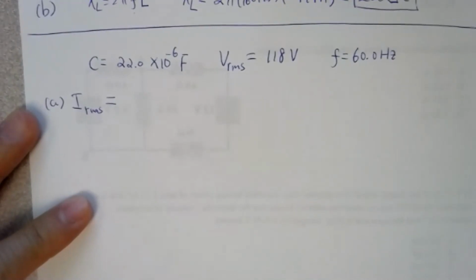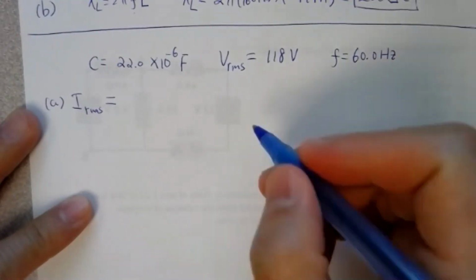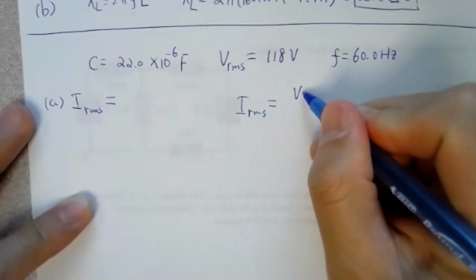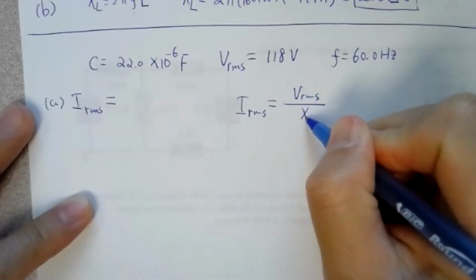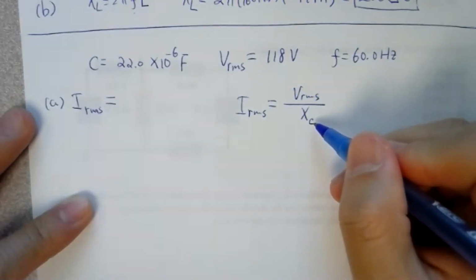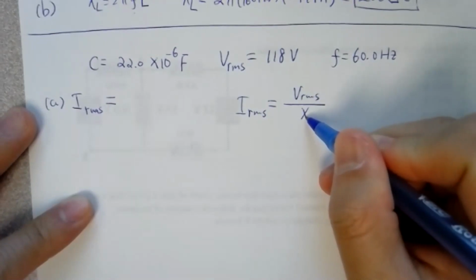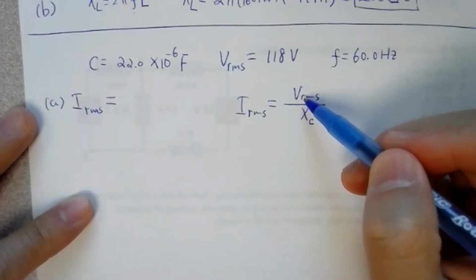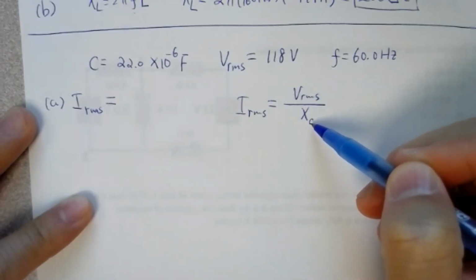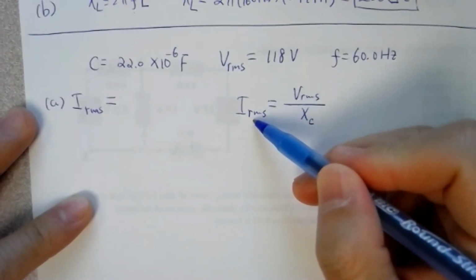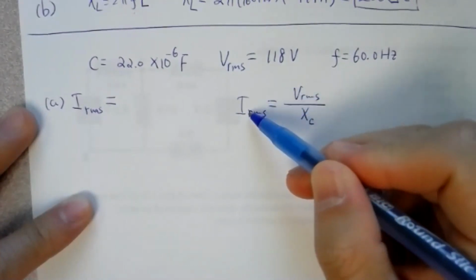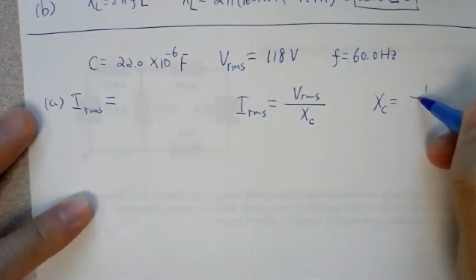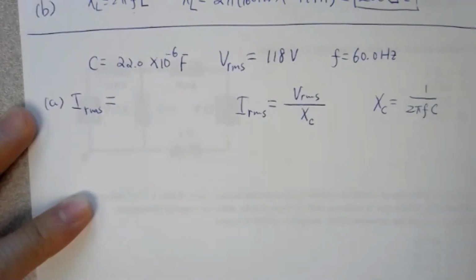To find RMS current, it's a version similar to Ohm's law when you are using the reactance. So this is a capacitor, so capacitive reactance X sub C. Current equals the voltage divided by the reactance. If you use RMS, it will give you RMS of current. If you use peak, it will give you peak of current. And you know X sub C in this case is 1 over 2 pi f times C.